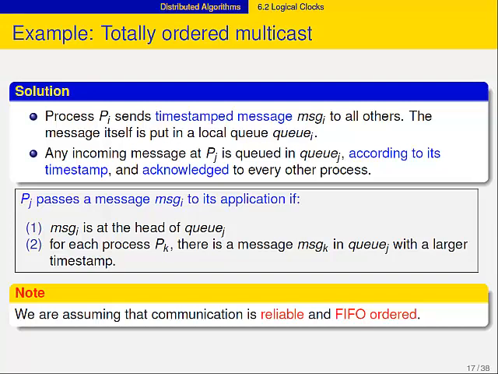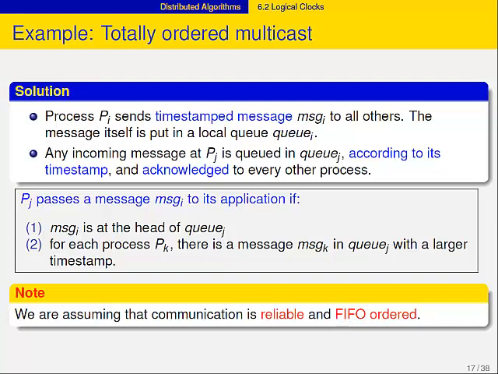So I wait until I've received a message from everyone. These messages got ordered. If you now send me a message with a lower timestamp than the message that you already sent, you're violating this condition.